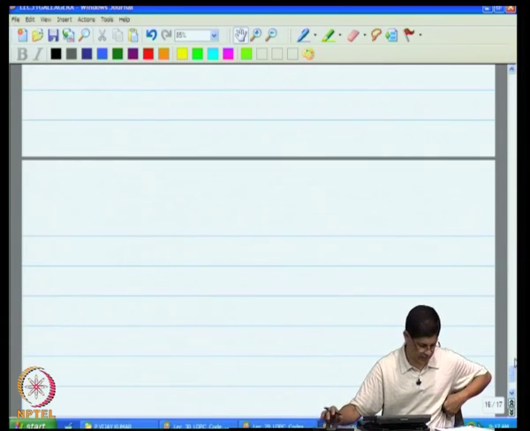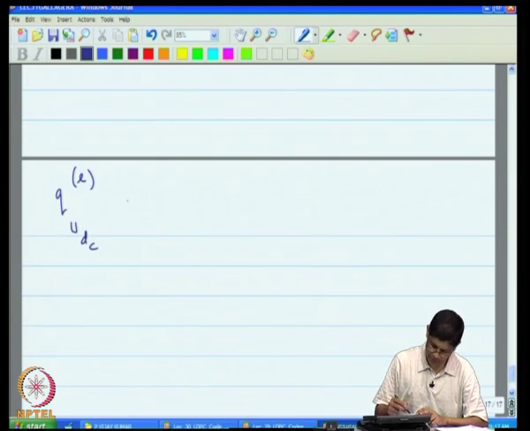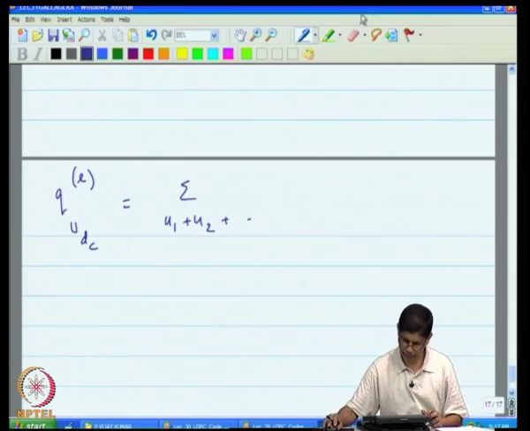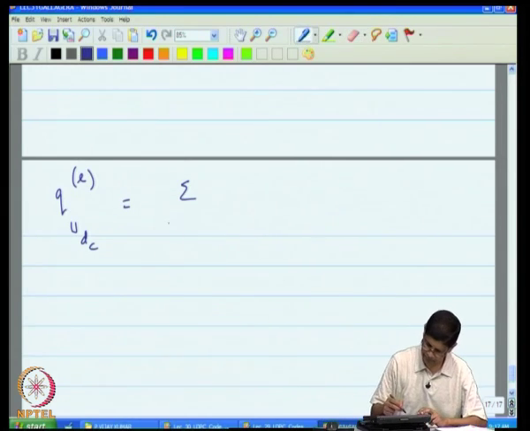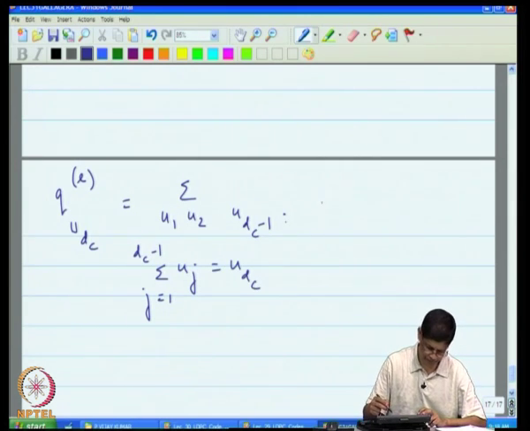The way we will compute it, and this is the way that Gallager computed it, is to say that Q u dc of L is the sum over u1, u2, ..., u dc minus 1 subject to sigma uj equal to u dc, and the product j equal to 1 to dc minus 1 of P uj of L minus 1.